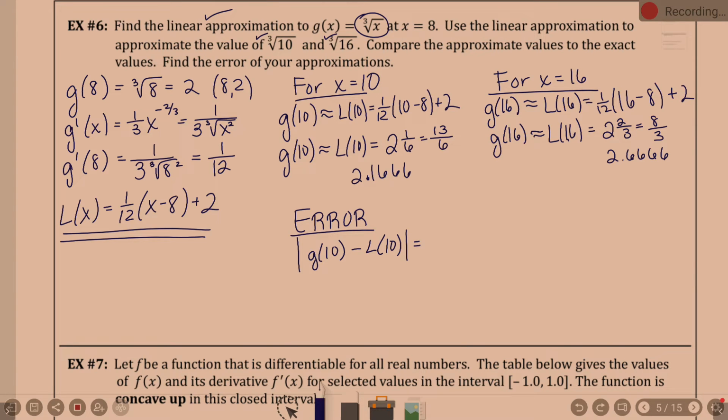So if I do the cube root of 10 minus, whoops. Cube root of 10 is 2.1544, and so on, minus that 2.166, or in other words, minus 13/6.